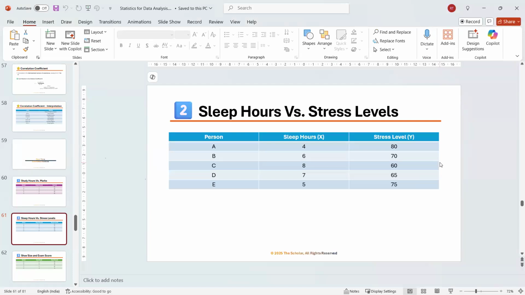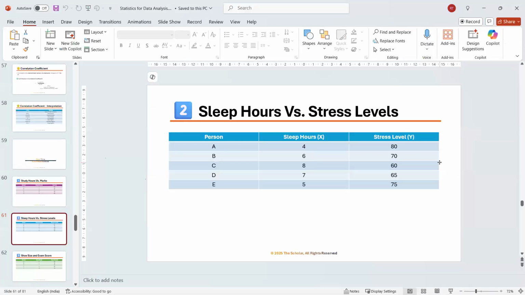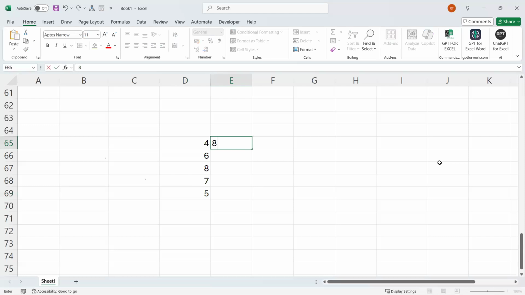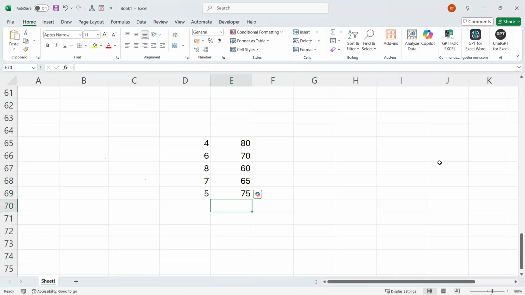Four, 6, 8, 7, 5. 80, 70, 60, 65, 75. Yeah, I'm using Excel.